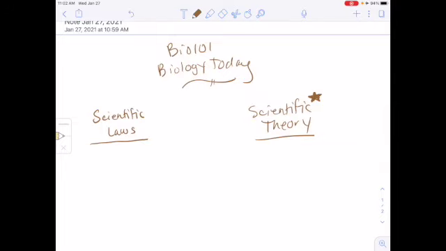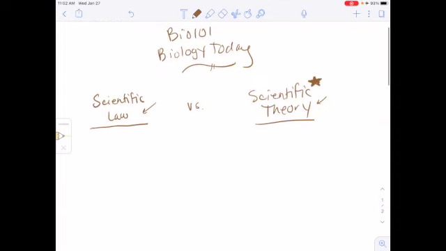We call a scientific theory a theory and a scientific law a law. They're not the same thing. These terms are not interchangeable. A scientific law and a scientific theory are not the same thing. So I'm just wondering if you can think about what the differences are between these two.